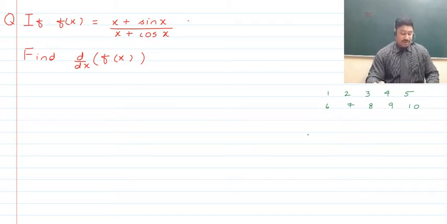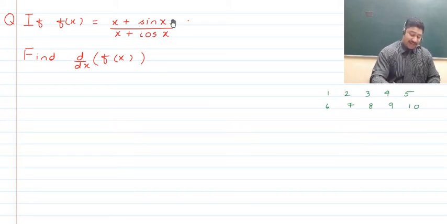Here in this question we've been given f(x) is equal to (x plus sine x) upon (x plus cos x). As you see, this is actually a quotient function where in the numerator you have the function f1(x) that we discussed earlier, and in the denominator you have the other function, f2(x).